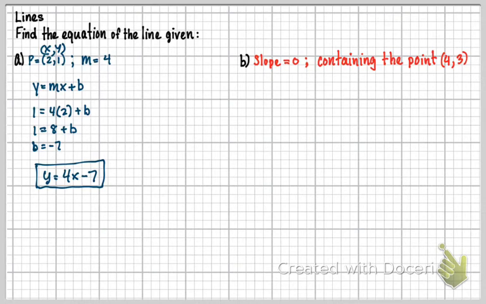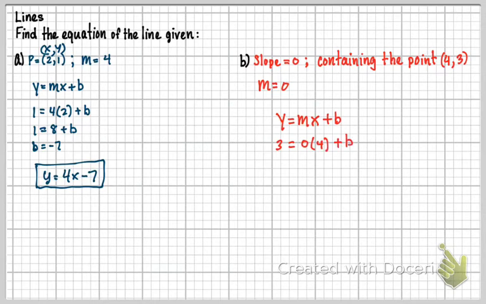Okay, now this one says the slope is 0. So that means my m is 0, containing the point (4, 3). So this doesn't really change anything here. This really is just the same problem. So I have y equals mx plus b, and my y is 3 equals my m is 0, and my x is 4.